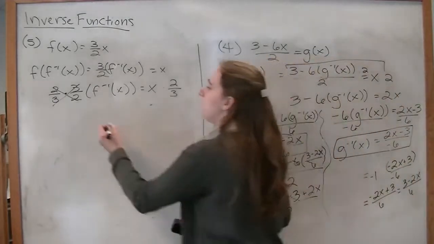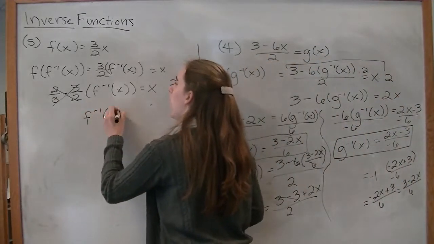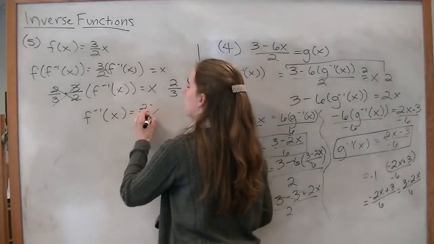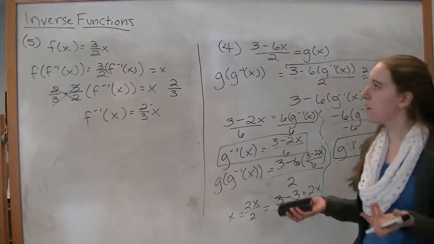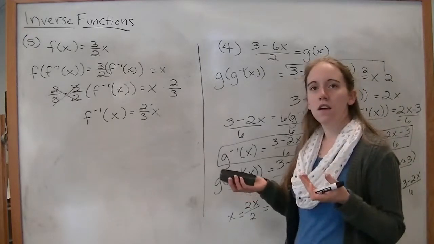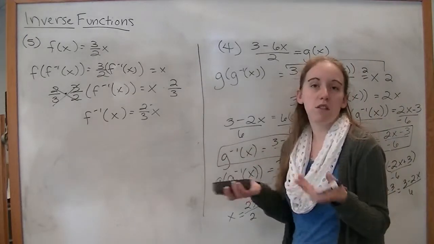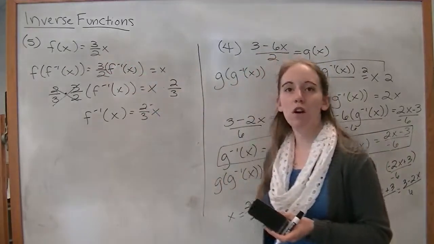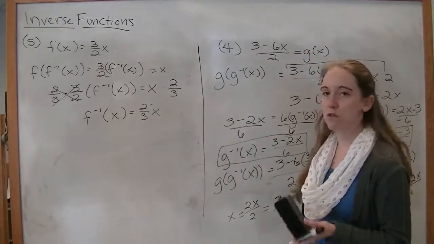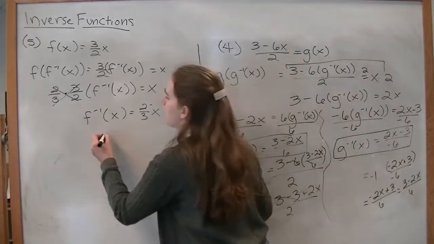So I get f inverse of x is equal to 2/3 times x. So both of those are fairly simple, right? They're both going to be linear equations or lines with no y-intercept because there's no plus b on either of them. It's just plus 0.